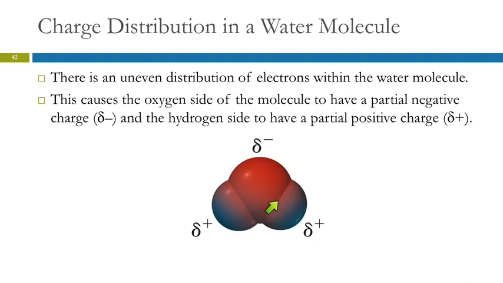So the electrons that are being shared between these two atoms are not equally shared. The oxygen hogs the electrons. And so the oxygen end of the water molecule is a little more negative than the hydrogen end of the water molecule.